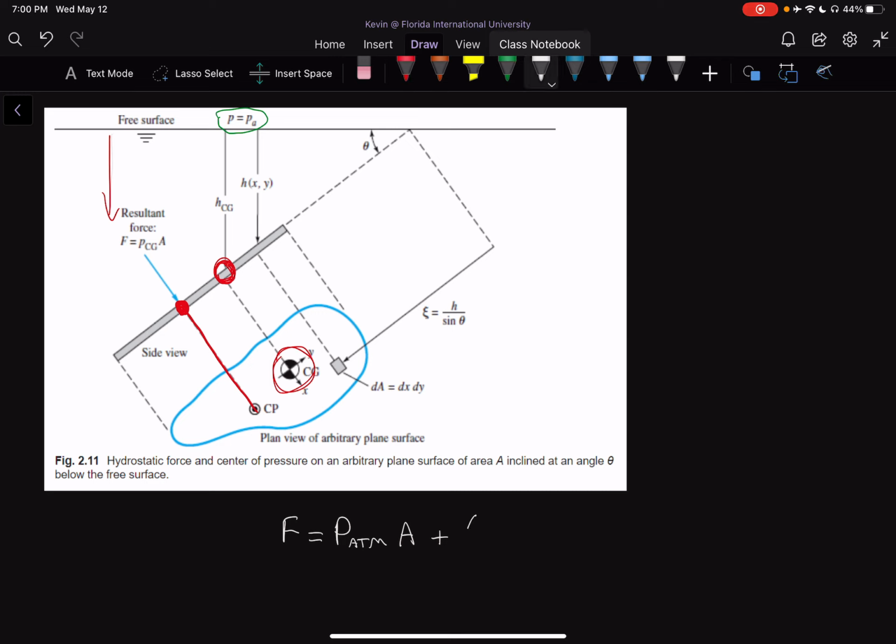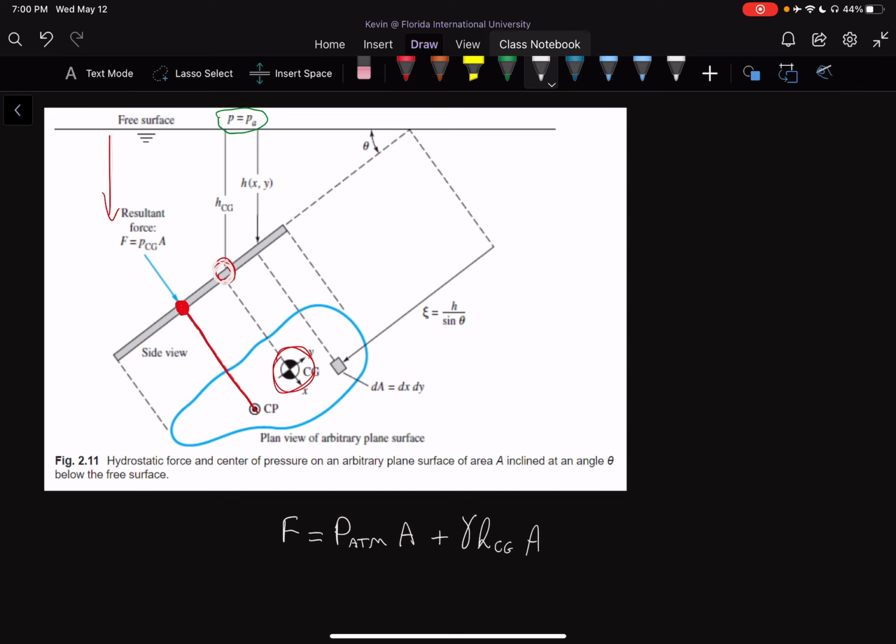So we have gamma times the height CG multiplied by A. So it's as if the force was occurring at the center of gravity, as if it was a point load.